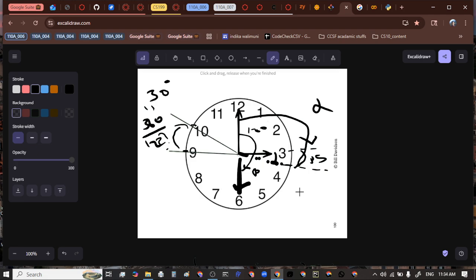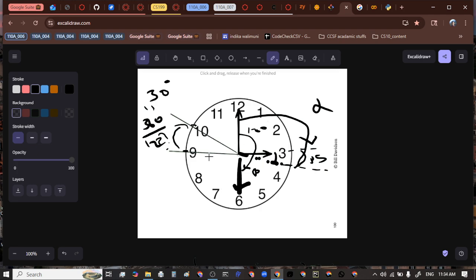So 90 is 3 times 30, so 30 here, 30 here, and 30 here. And then if we come to this 120, the values are basically in between. So to find the rest given this whole angle, we need to get the remainder of division by 30.